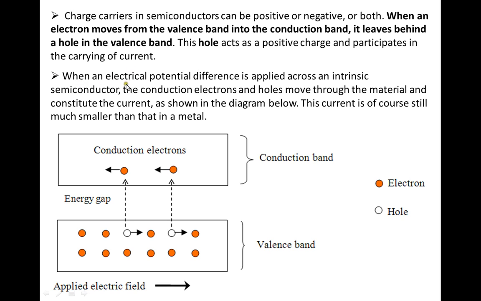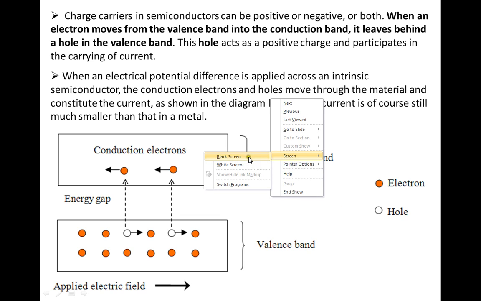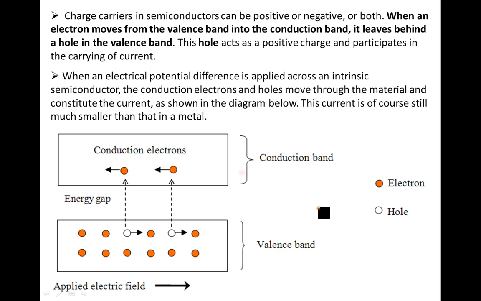When an electrical potential is applied across an intrinsic semiconductor, the conduction electrons and holes move through the material and hence carry a current. If you look at this diagram, where the applied electric field is from left to right, we can assume that this is between two plates where the left plate is positive and the right plate is negative.